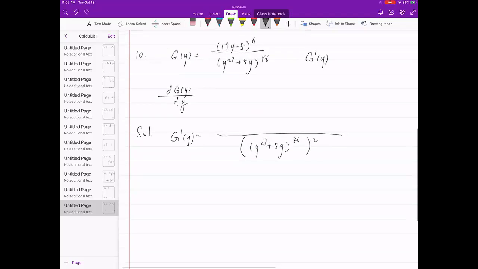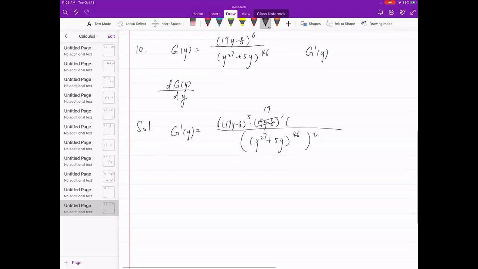Okay. The derivative of the top, which is just 19, of the inside. Keep the bottom. Minus. Keep the top.